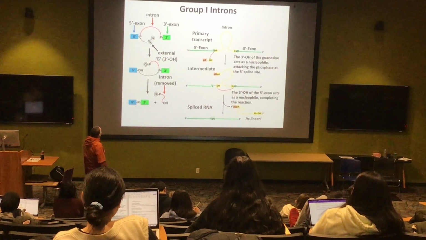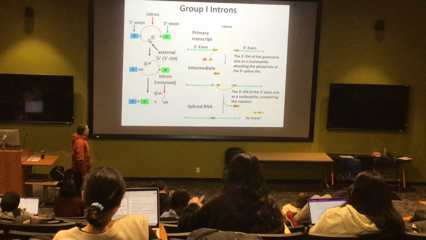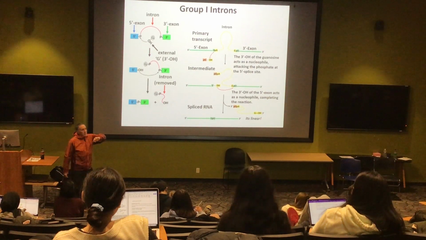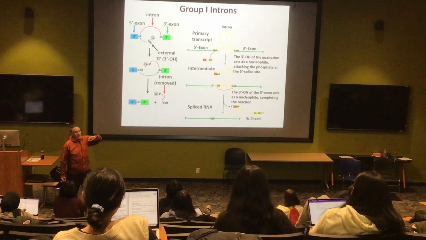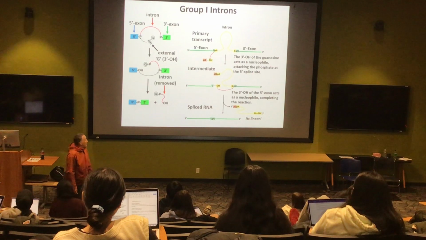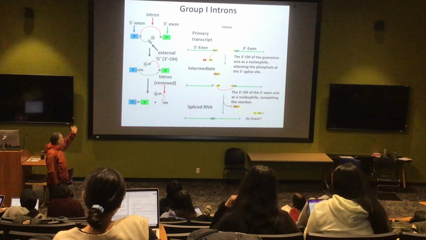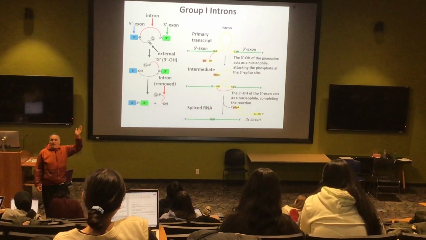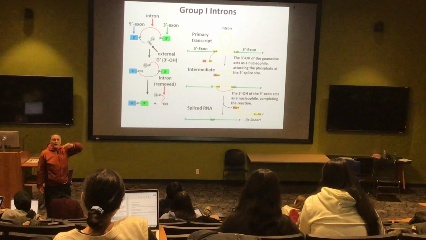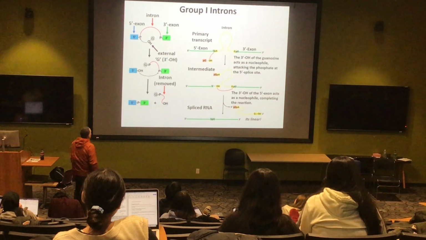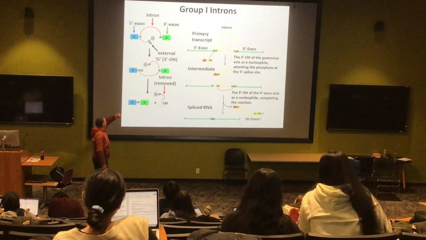It does, however, have a nucleophile. That nucleophile, the 3' hydroxyl group, will do an attack on the phosphate group on the 5' intron, and you can see that it will essentially liberate the first half of the intron. Right? The first half of the intron is now liberated with the G attached.